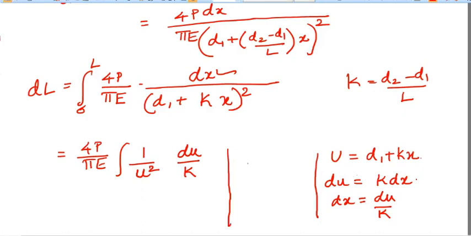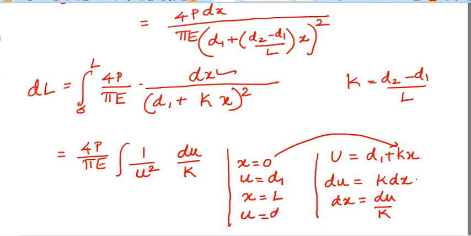For the limits, when x is equal to 0, I will be getting u is equal to D1. And if I substitute x is equal to L, I will be getting u is equal to D1 plus kL.